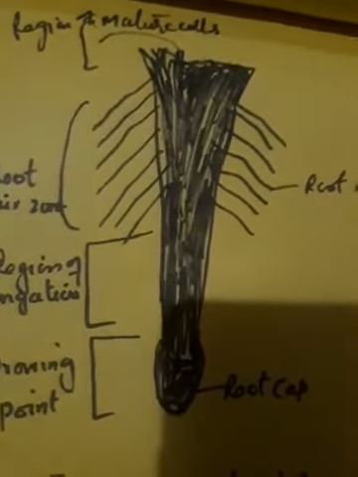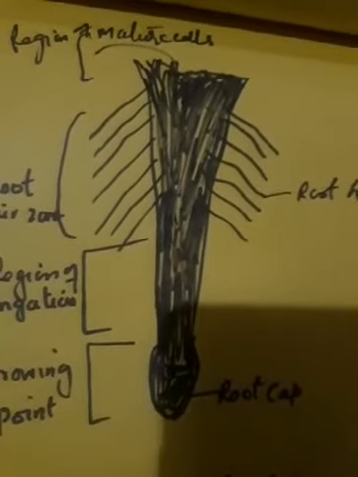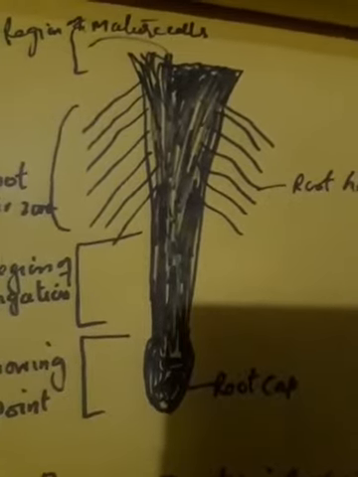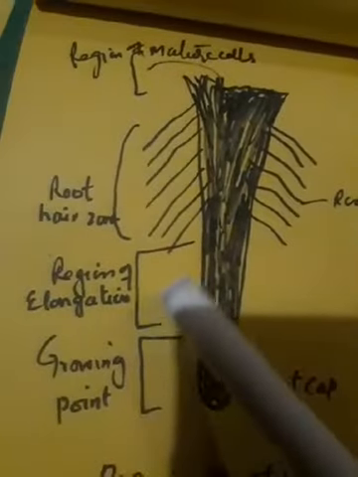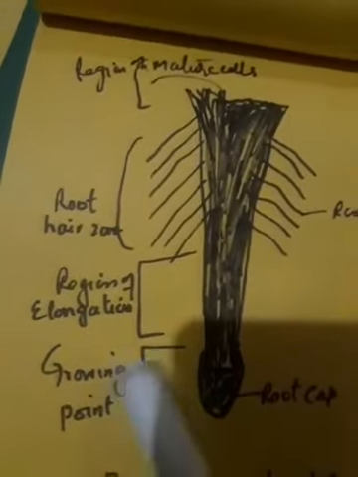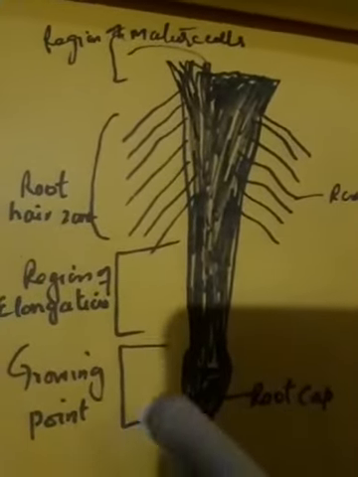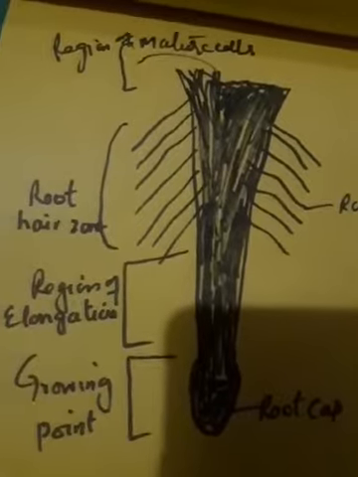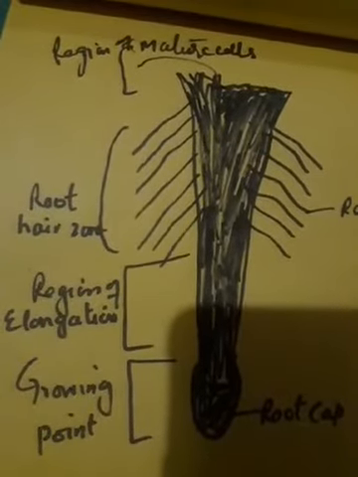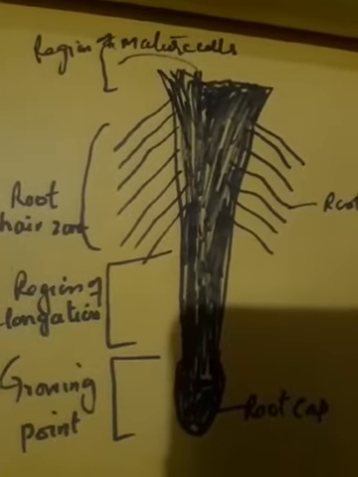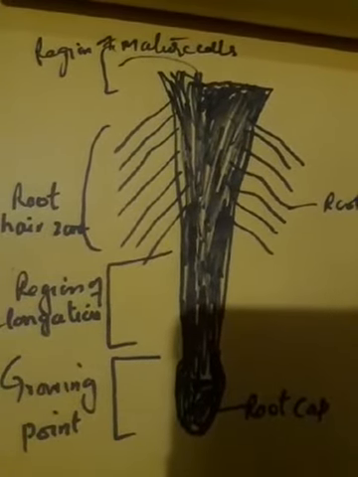Third is the region or zone of elongation. It is about 4.8 mm in length. It lies behind the growing point. The cells of this region are newly formed cells which lose the power of division.